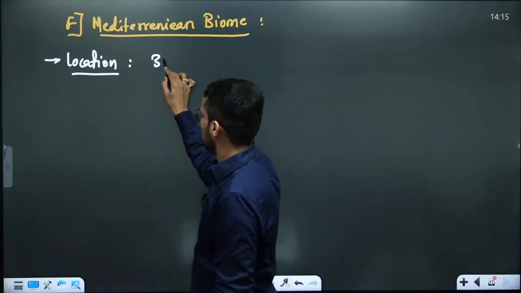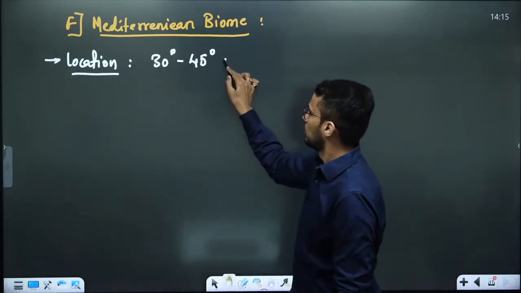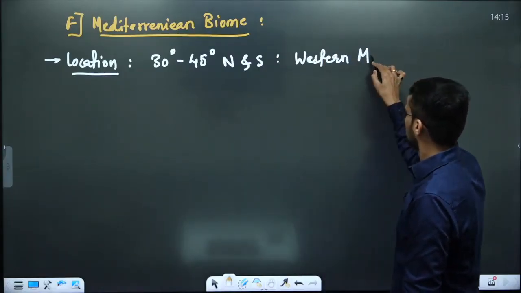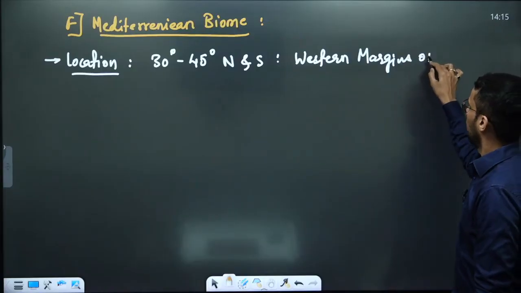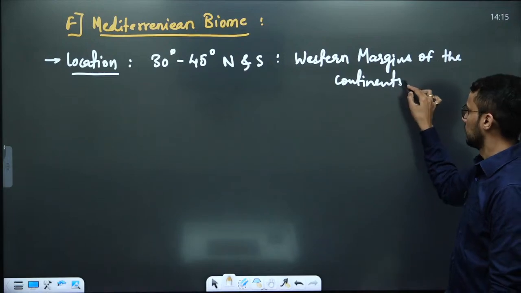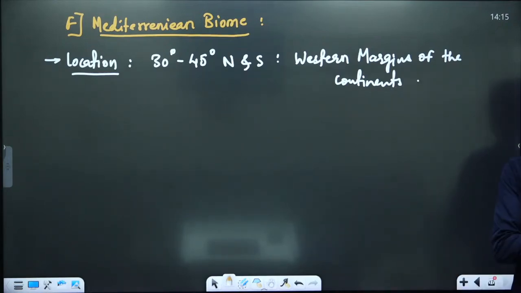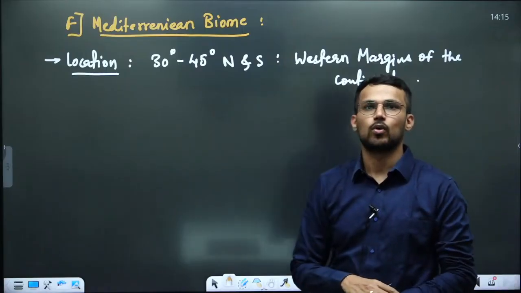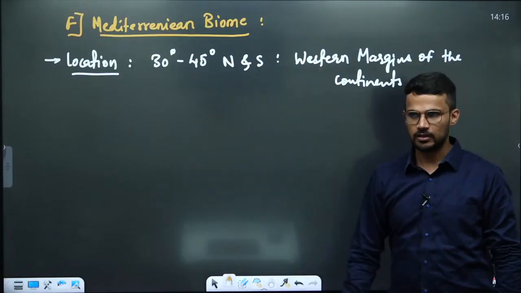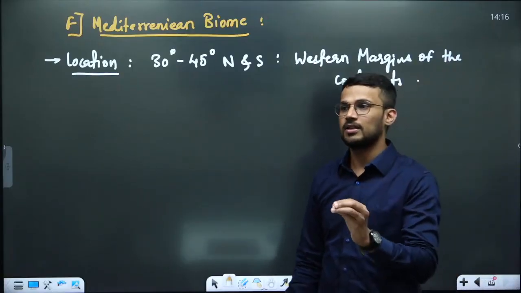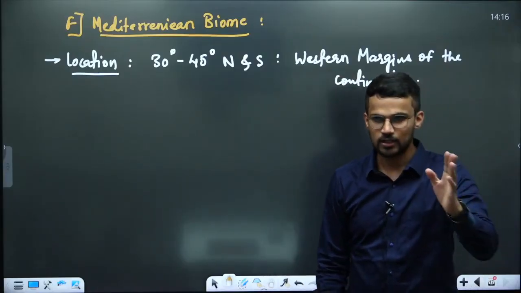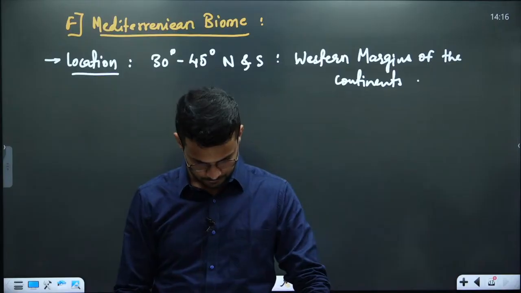Location is 30 to 45 degrees north and south, western margins of continents. Though the name is Mediterranean, it does not mean that it is only present in and around the Mediterranean Sea. It is also present in other areas. Write down the names.